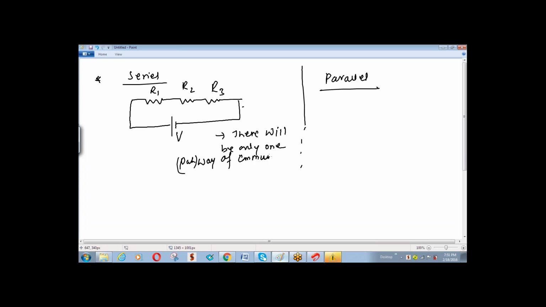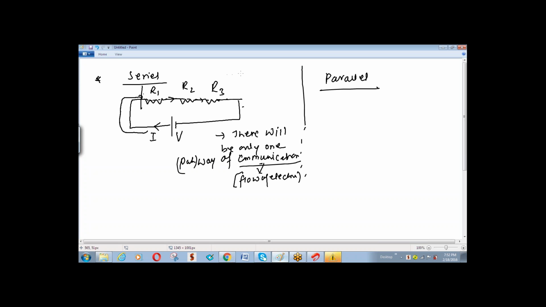By communication I mean the inflow and the exit of the current, which is the flow of electrons, because current is due to electrons. Whatever amount of current has been supplied by the battery will reach resistance 1, that is bulb 1, electric bulb 1, CFL, LED, whatever it is, and pass through this, then go through R2, R3.